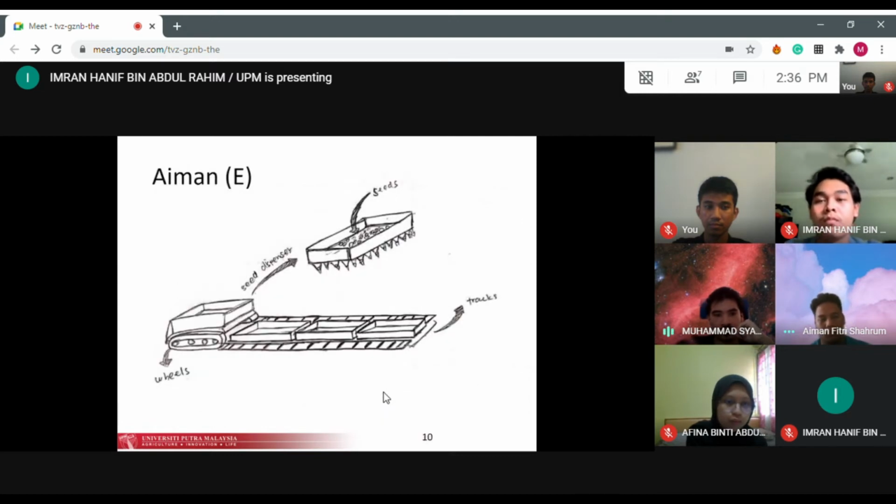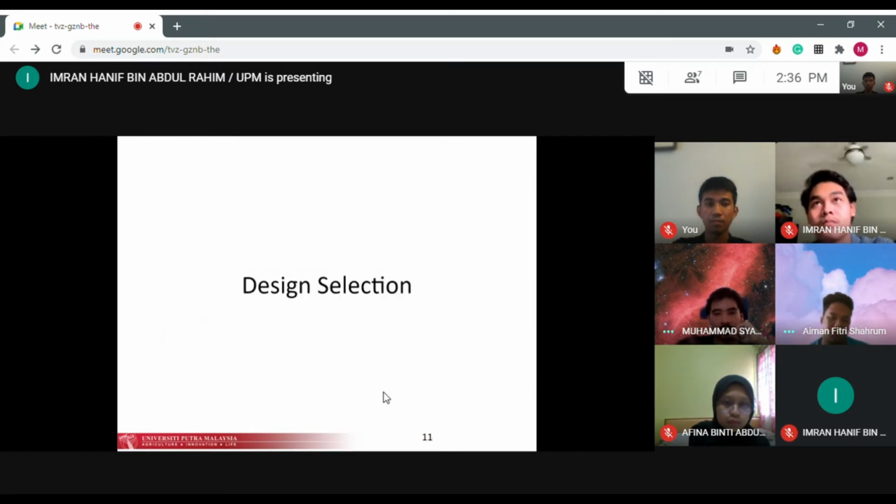The last one is Aiman, which is concept E. Instead of using a conveyor, it uses a mobile machine with wheels, which uses tracks to follow, and it dispenses by vibration. Next I will be giving Imran the floor to proceed with design selection.